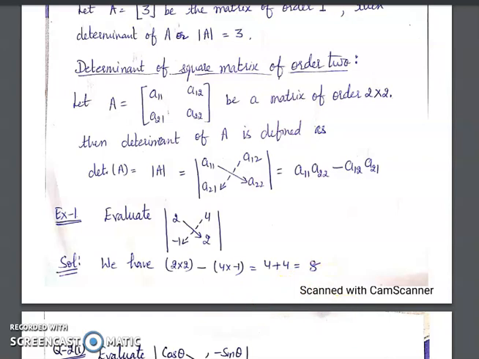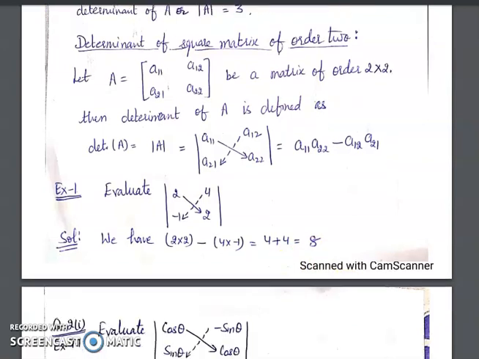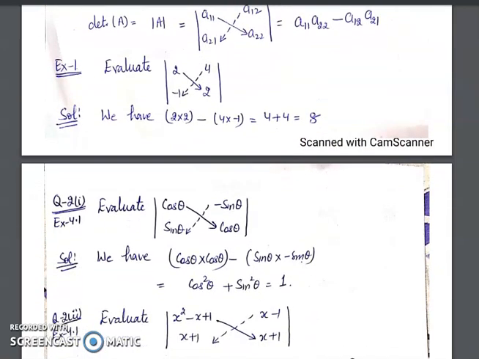Now come to the second example. This is question number 2 of your Exercise 4.1. Evaluate the determinant with rows cos theta, minus sin theta and sin theta, cos theta.